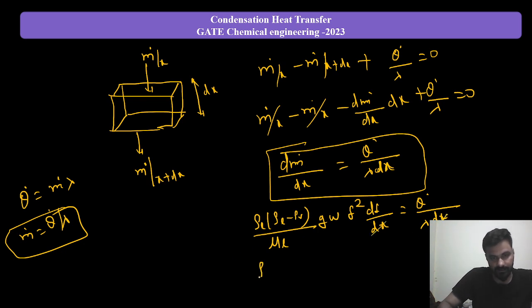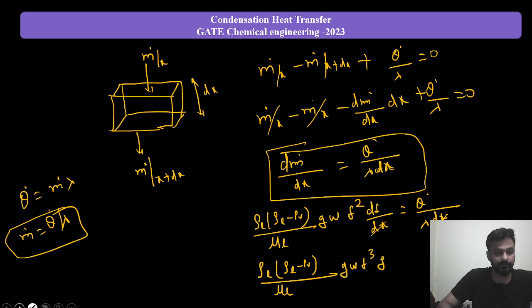So we can write here rho L minus rho V by mu L G W delta square d delta is equal to q dot by lambda, right? I will be writing fast because time is very less.